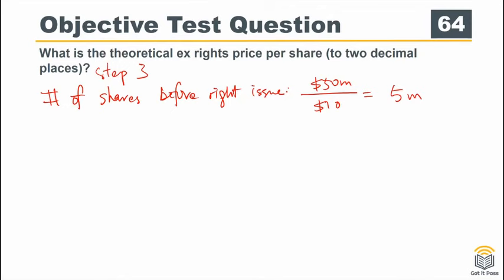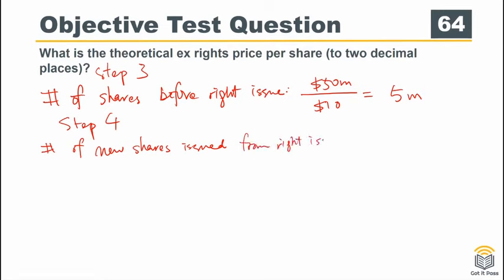Okay, so step 4 is the number of new shares to be issued from the rights issue.